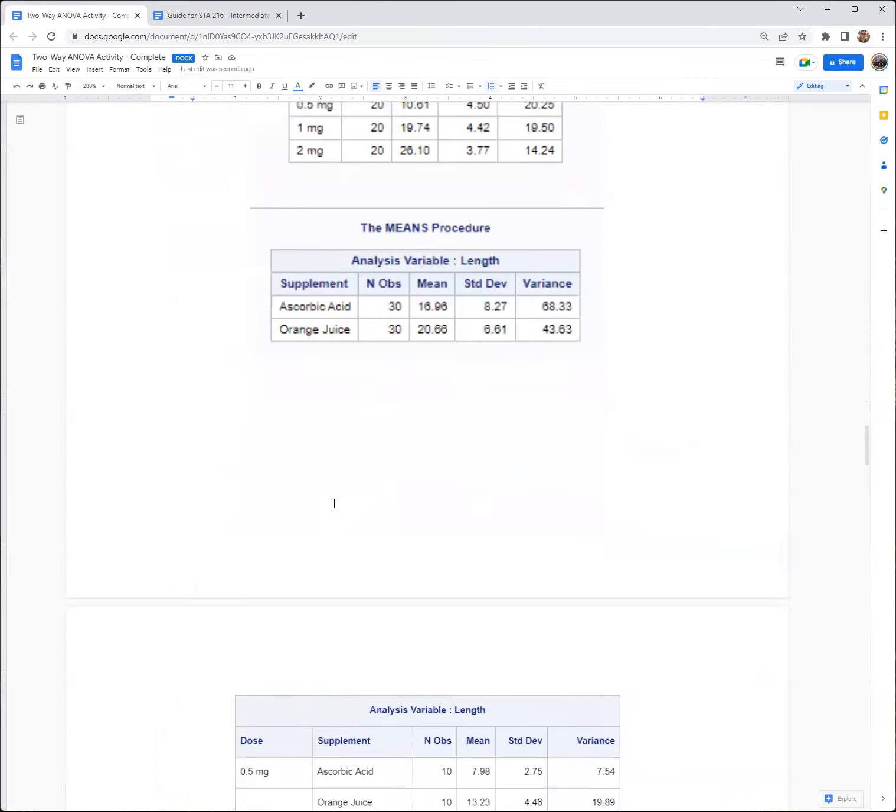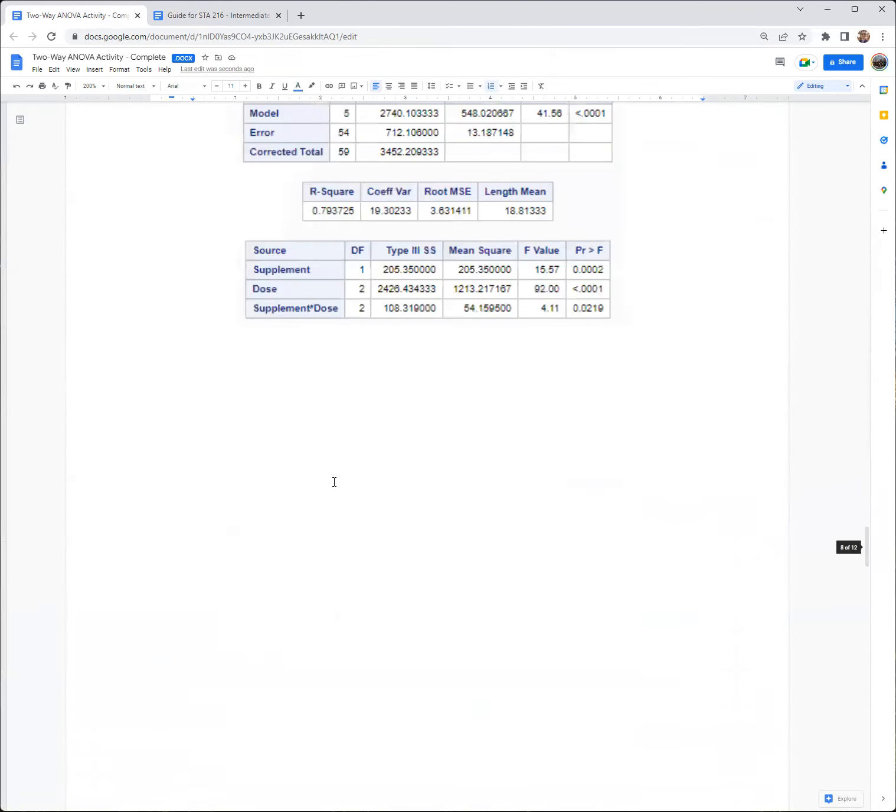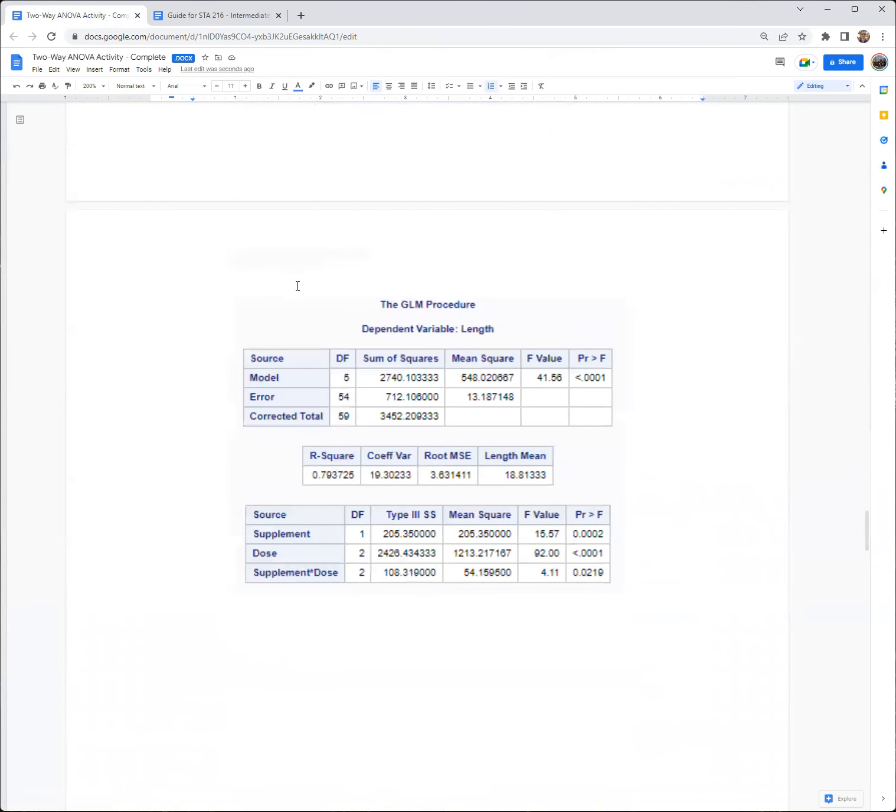So we'll get these from the ANOVA table. So if we scroll down to the SAS output, the ANOVA output that we're going to be interested in here is going to be in this section that has the title, the GLM procedure, which stands for Generalized Linear Model Procedure.